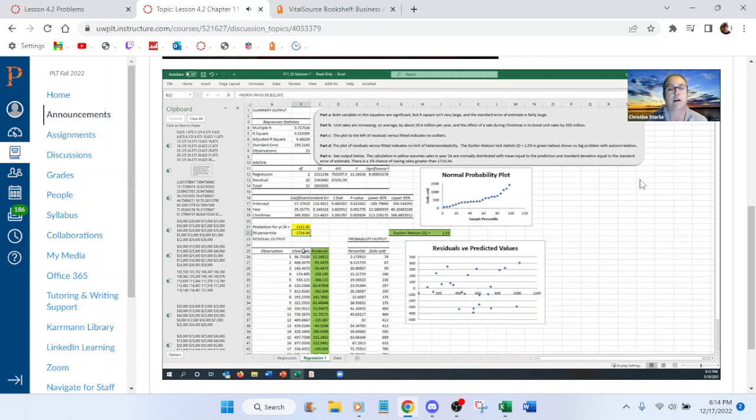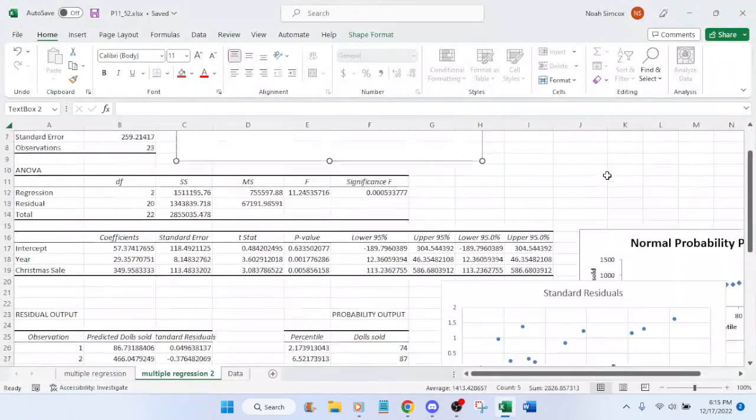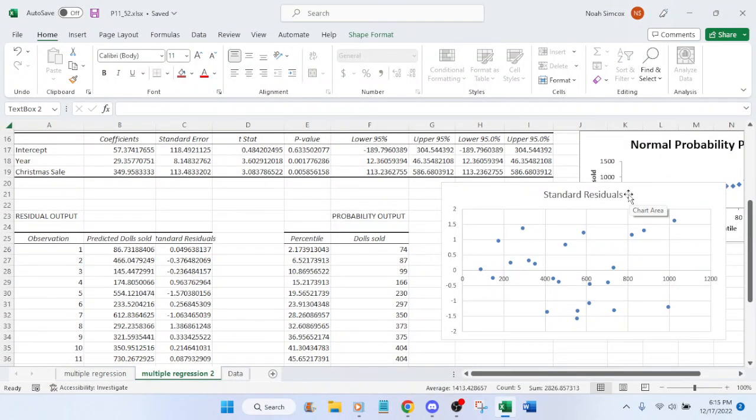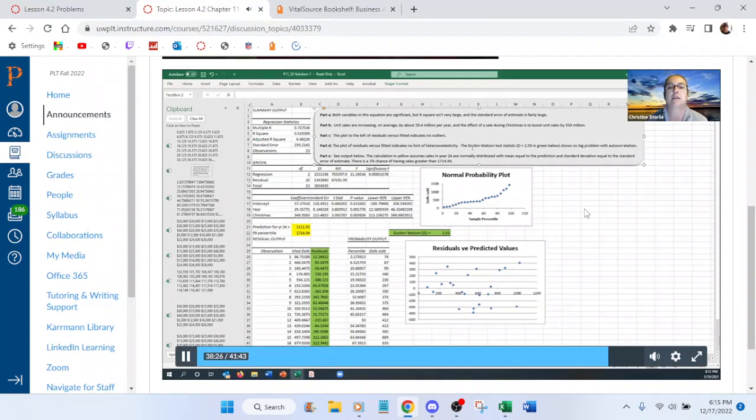If we had done our residuals versus predicted with standardized residuals, standardized simply means the scale goes from 0 to 3 and 0 to -3 instead of actual values, but the same sort of pattern would emerge. I don't see any particular pattern. The plot does not have any extreme values. If it was standardized, anything above 3 or below -3 would be an outlier. The plot of residuals versus fitted indicates no pattern, so no hint of heteroscedasticity.